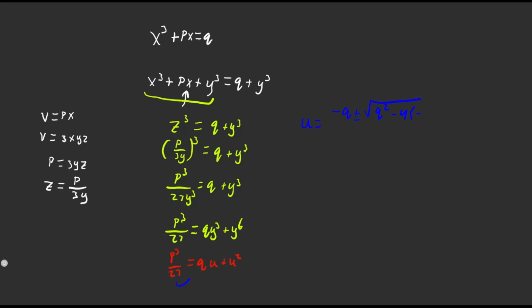If we move this to the right side, it's going to be negative. So that is going to be minus p cubed over 27. And a is just 1, so we will ignore it. So we just have that all divided by 2.